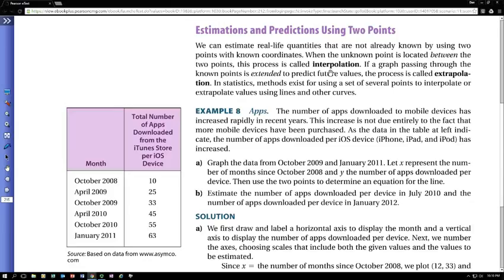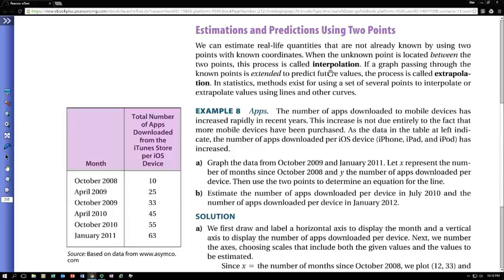Now, I may not have the data for that, but I can interpolate, or basically say, well, if this is looking like a linear situation, I can draw a line through those 2 points, and I have all these other points in between that I could pull ordered pairs out of, or get the data from. It may not be absolutely true. It's an interpolation, and it's an assumption that we have a linear relationship between these two numbers.